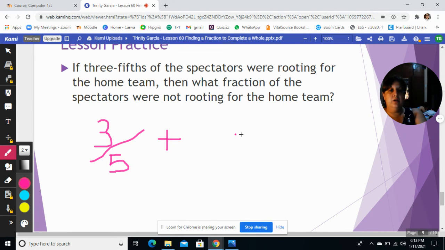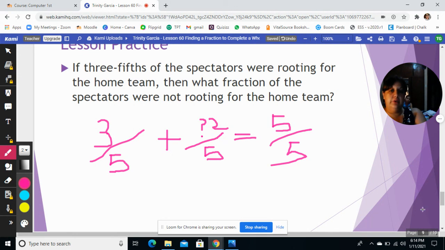And we know that our whole this time is going to mean 5/5. Okay, and we know that 5 is going to go on the bottom here. So we are again just trying to find out what this missing part of the fraction is, the numerator. But we know that 3 plus what equals 5, or 5 minus 3 equals 2. Okay, so 2/5 are not rooting for the home team.